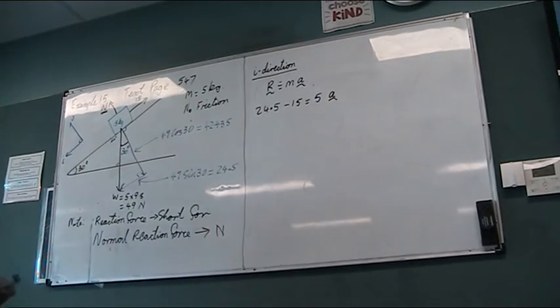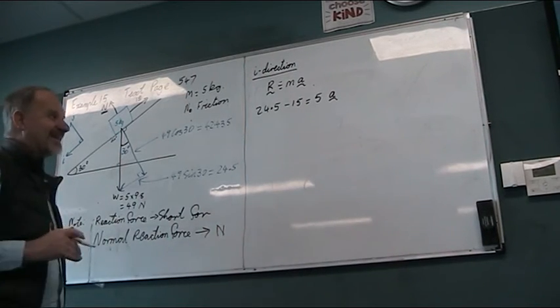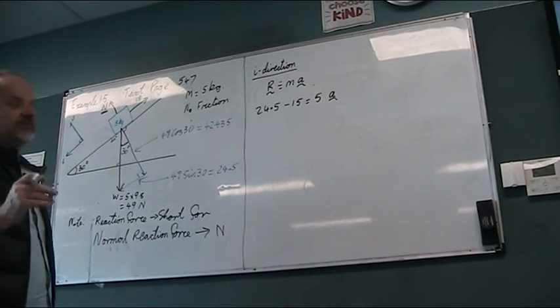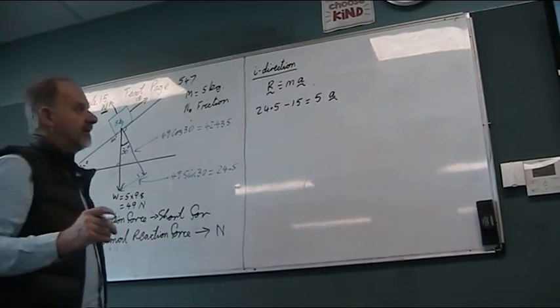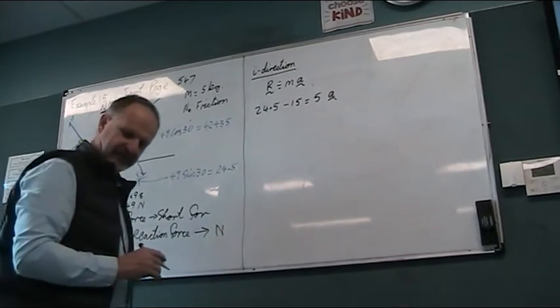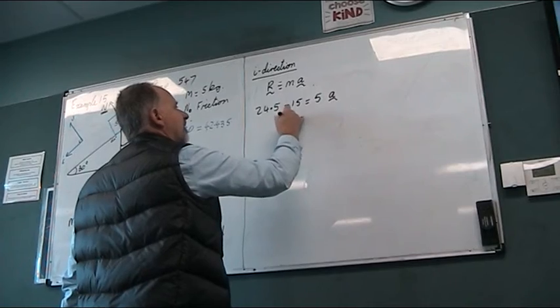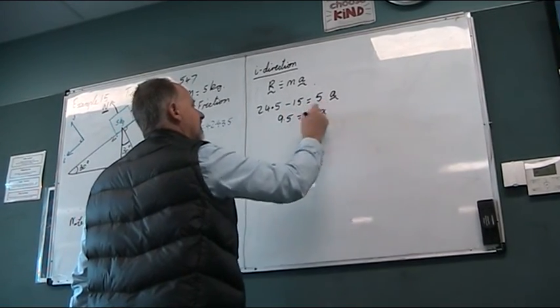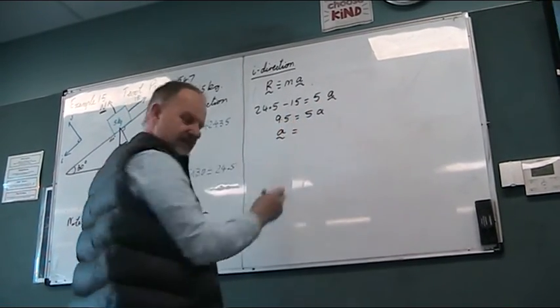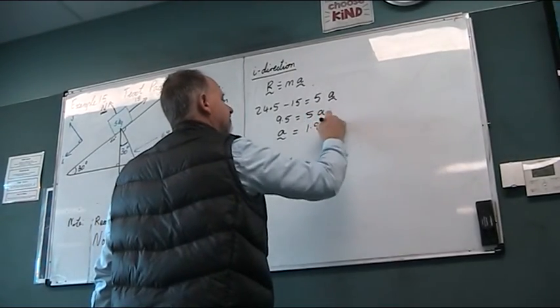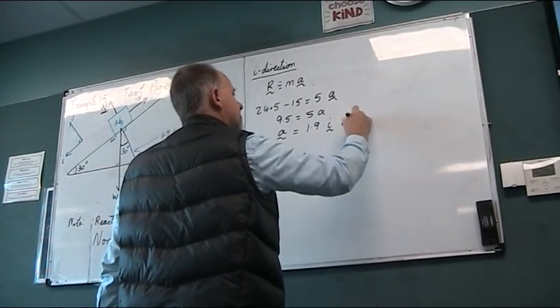In this case, there's no friction. We're told it's smooth, so we don't have to take that into account. Again, it's more complicated if there's friction. This time I don't have to worry about that. So that would be 9.5 equals 5A, and so the acceleration would be 1.9 I metres per second squared.